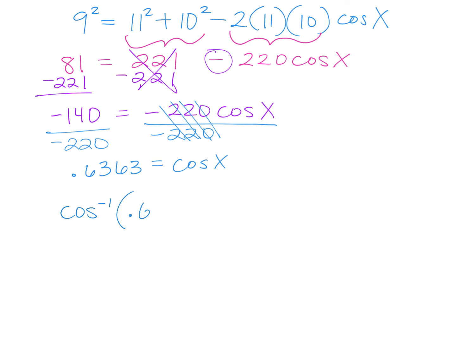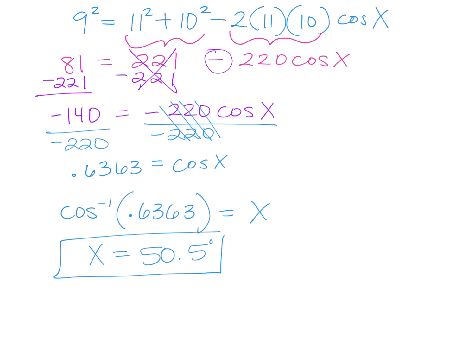Inverse. Yep. And if you want to put the numbers in, just put the numbers in. That's fine. Or second cosine, second negative, enter, and you get 50.5. Questions on that?